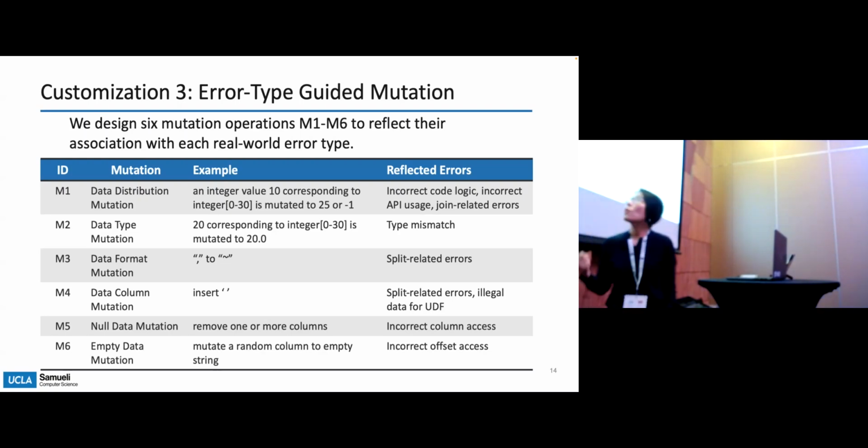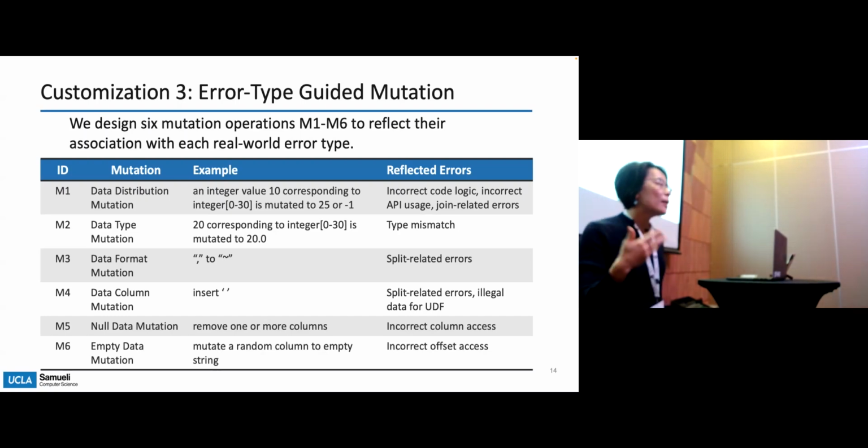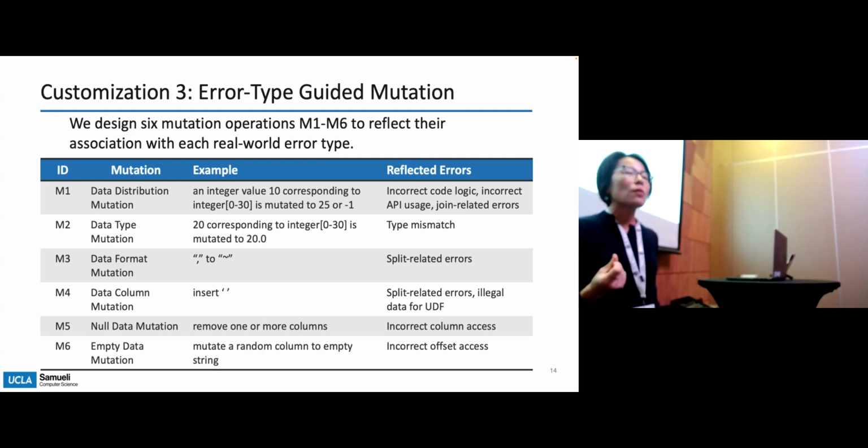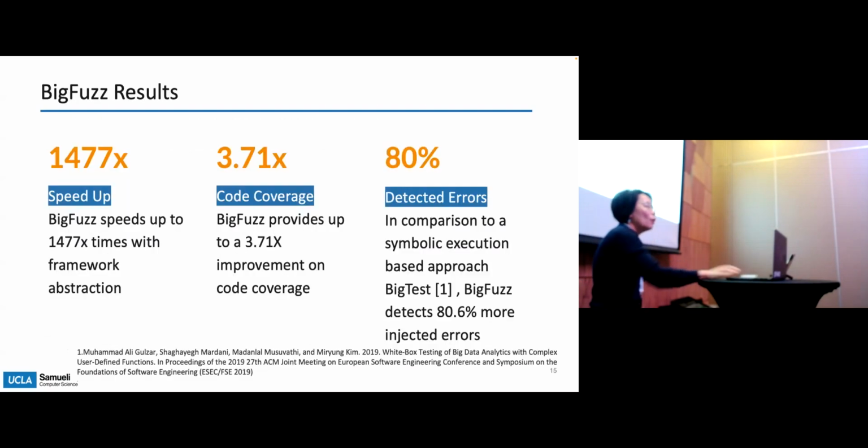These include data distribution mutation, data type mutation, format mutations, or column mutation. These are built on the insight that big data analytics often does semi-structured data processing, and there are certain kinds of errors that are more likely to happen.